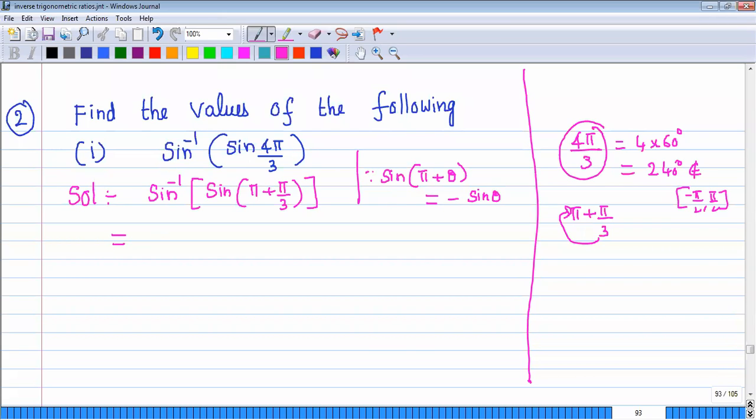So this we can write as sine inverse of minus sine pi by 3. Again, we have one more formula: sine inverse of minus x is minus sine inverse x. This can be written as minus sine inverse of sine pi by 3.